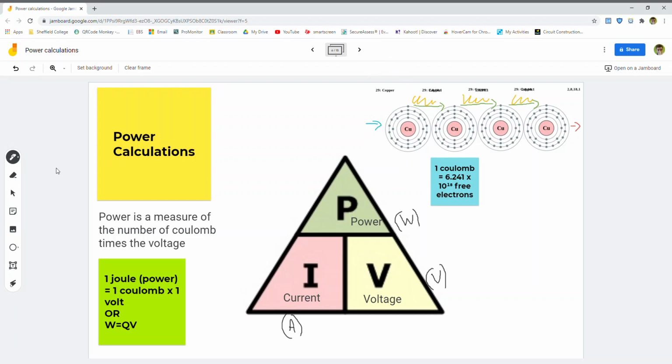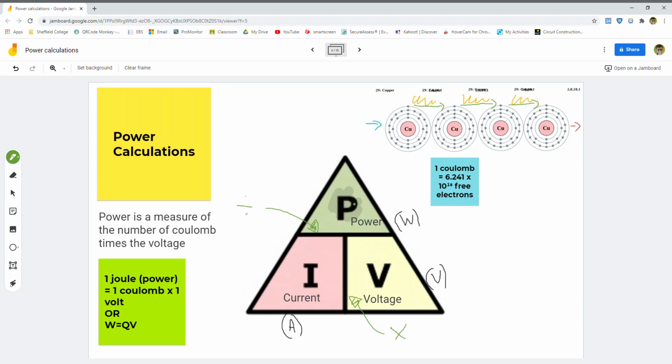So just like the Ohm's law triangle, if we wanted to work out P, you put your hand over the P, and then the equation would be P equals I times V. Just to clarify that, this line here represents divide, this line here represents times.